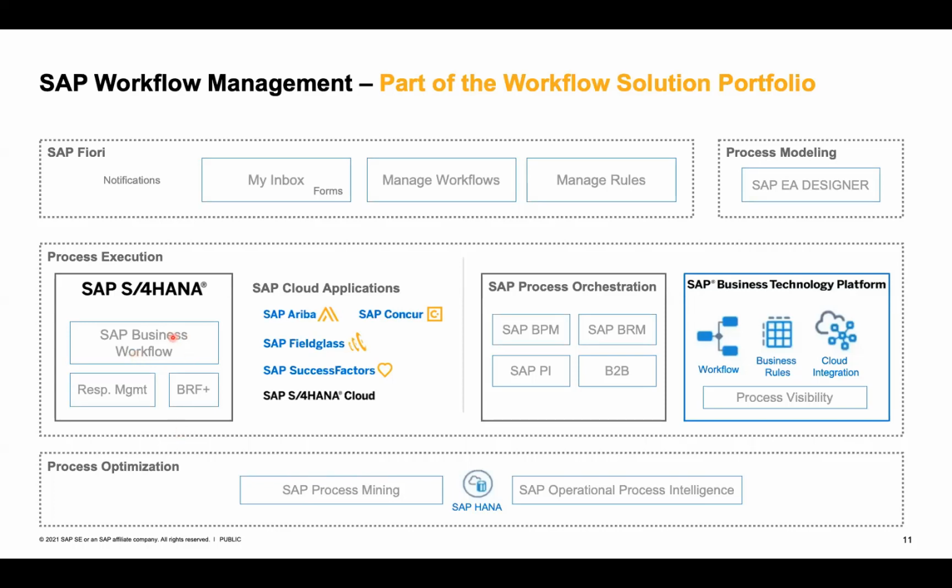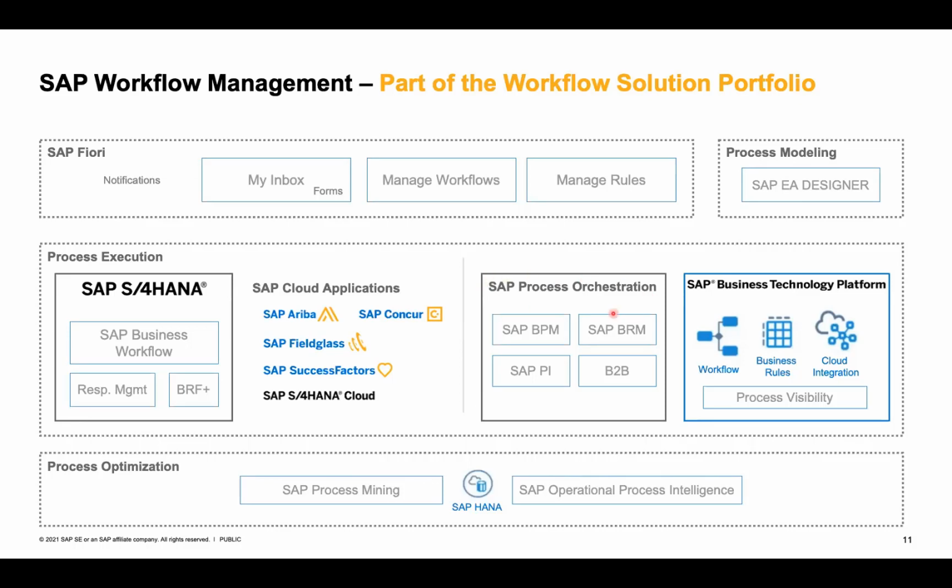So whenever you actually want to integrate with other systems, then this one becomes maybe not the best solution. Then nowadays you would choose the SAP Workflow Management running in the cloud. Before that came up, this capability to have processes spanning over different systems was also required.